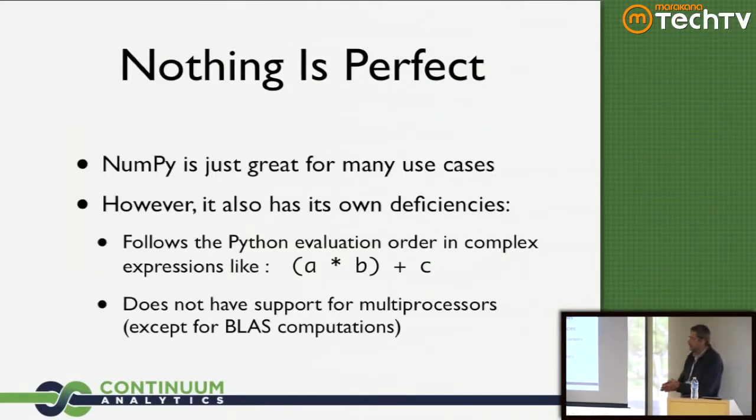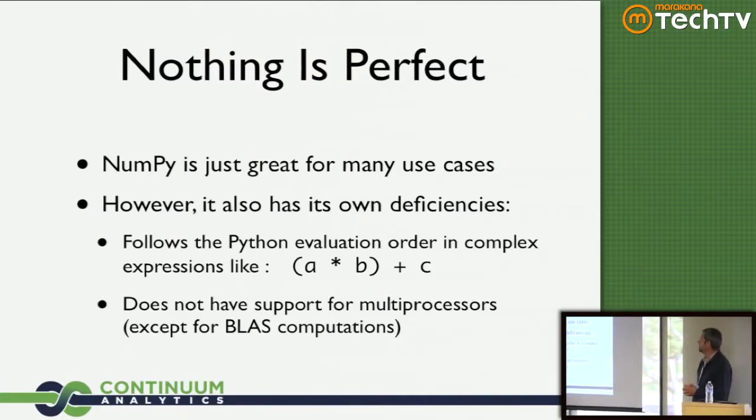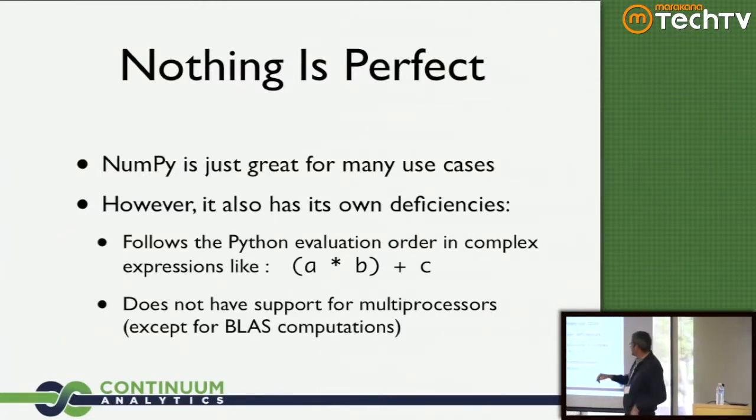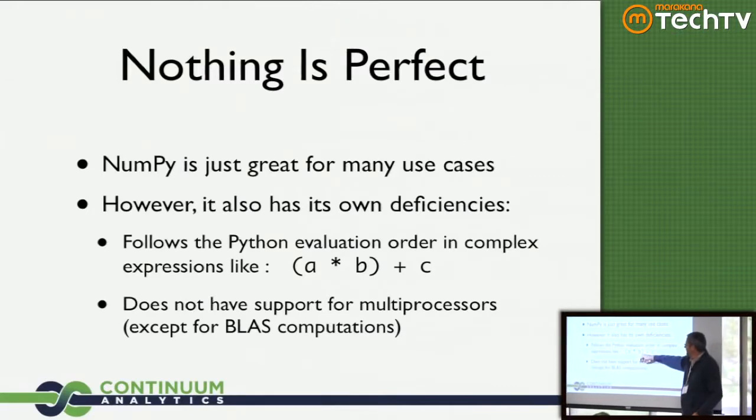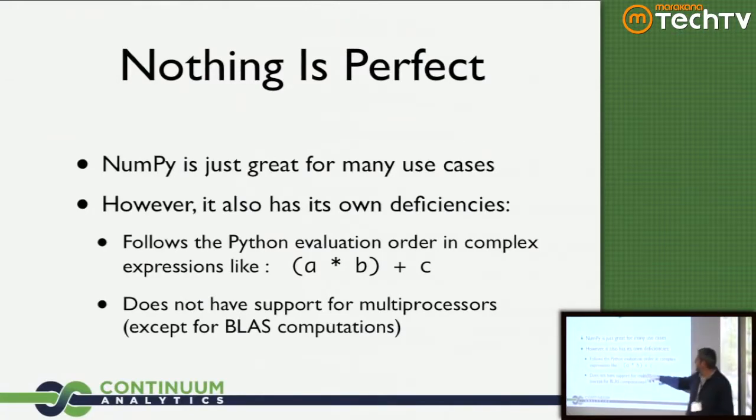But of course nothing is perfect, and although NumPy is just great for many use cases, it also comes with its own deficiencies. The first one is that, unfortunately, NumPy is forced to follow the Python way to evaluate expressions.